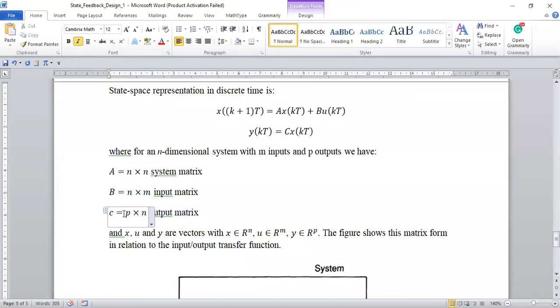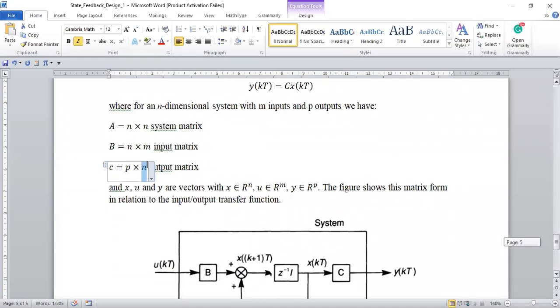And the C matrix, the dimension is p by n, where p is the number of outputs and n, you already know, is the number of states. So it's all similar to what you have in the continuous time domain.